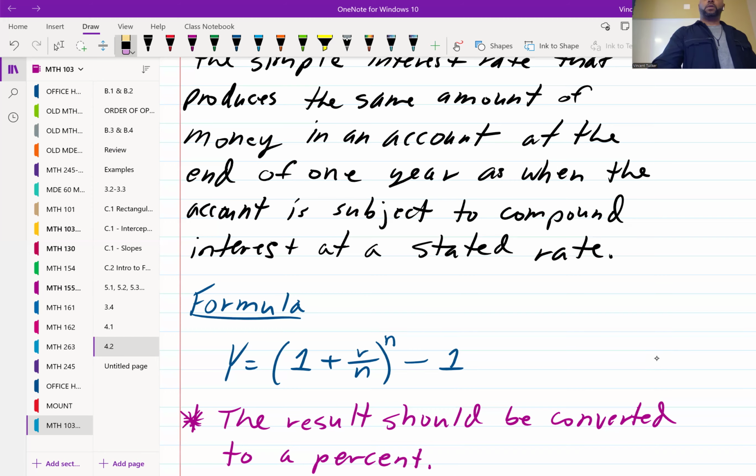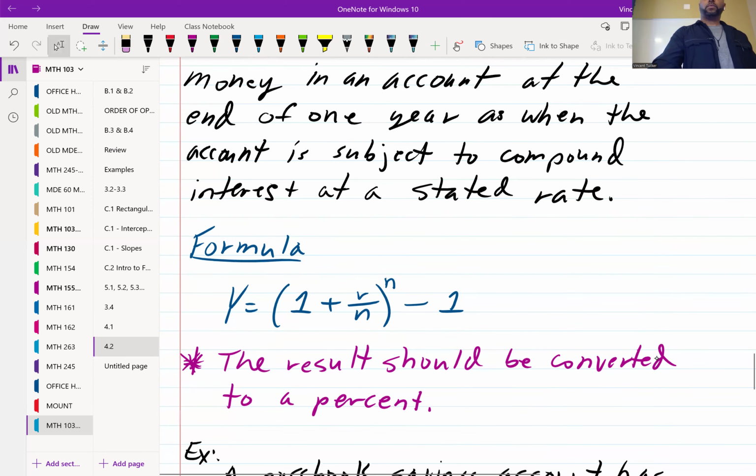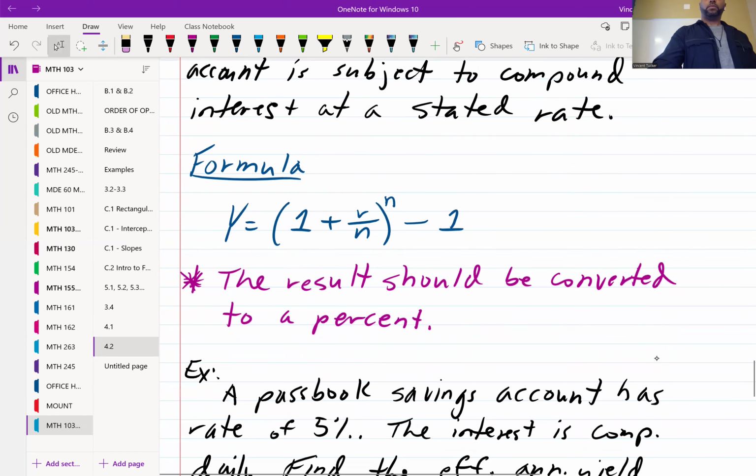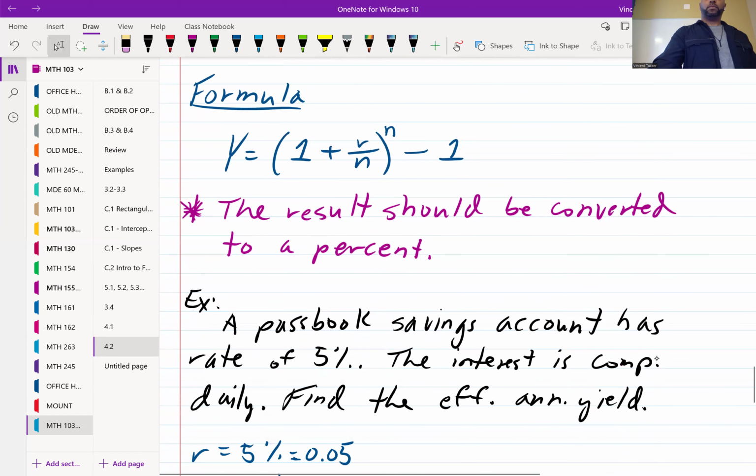All right, let's pull it up. So we have a passport savings account that has a rate of 5%. The interest is compounded daily. Find the effective annual yield.